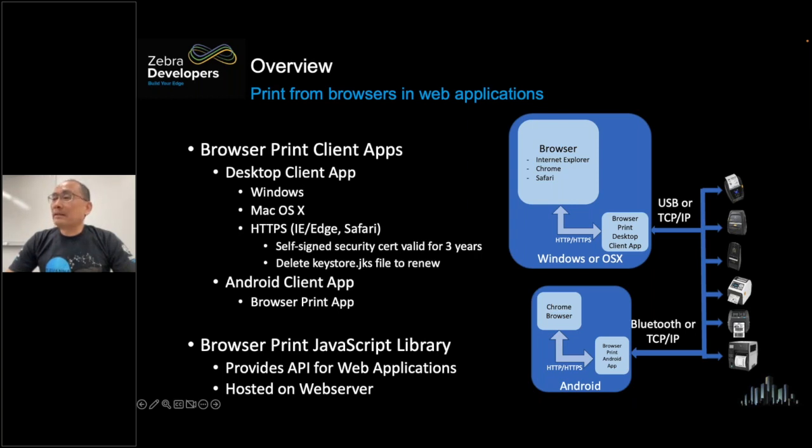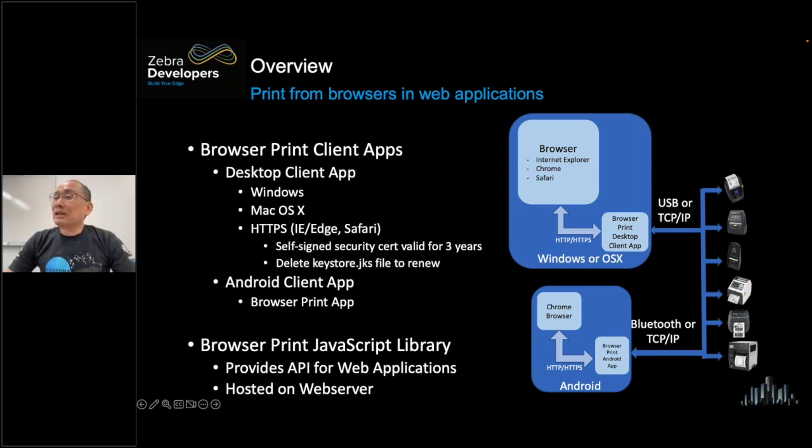The second part of Browser Print is the JavaScript library, which is supposed to be hosted on the web server by the application. So when the user accesses a web page, the JavaScript library will be downloaded locally to the browser and will start to communicate with the client application on the platform.